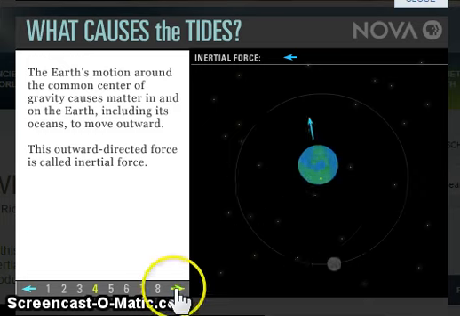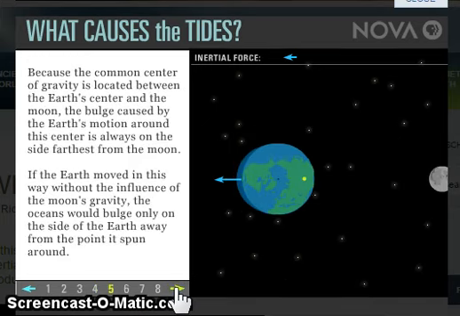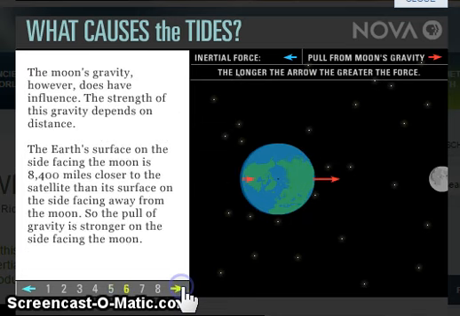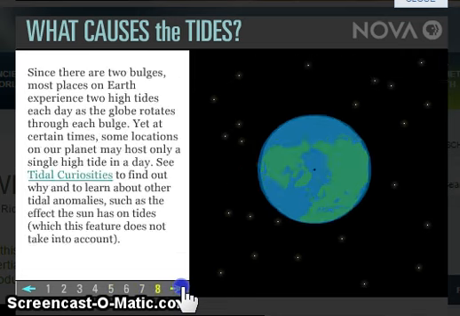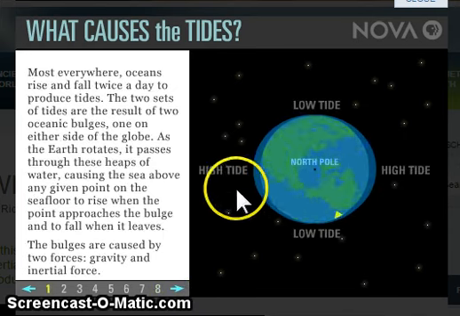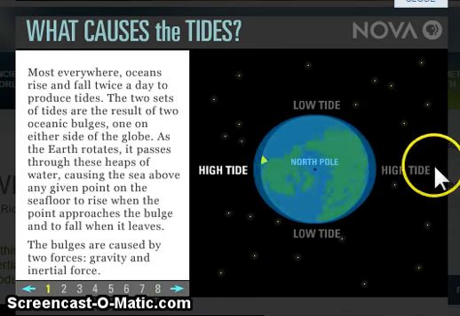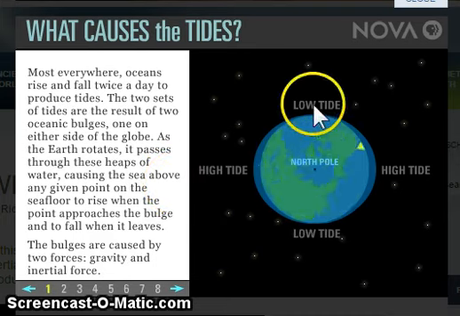So that's why we see high tides right across from one another. Okay, so this inertial force here is causing the bulge on this side, but there's also a bulge here because of the moon's pull. So what we find is what we saw first, that we have high tide on opposite sides of the Earth and then low tide on the other sides.